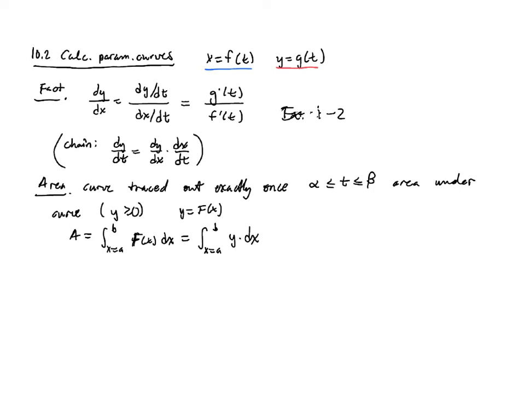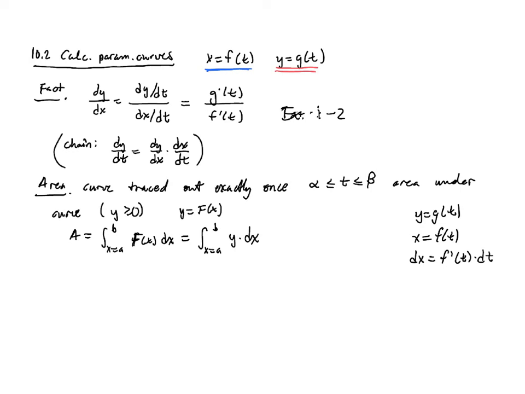Now with the parametric equations that I have up above, y is just g of t, and x is f of t. So if I want to compute dx, I would do just like if I have u equals f of t: I take the derivative of that function and I multiply by dt.